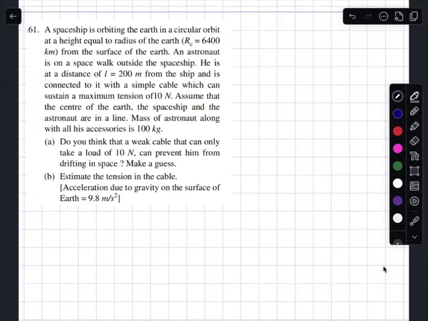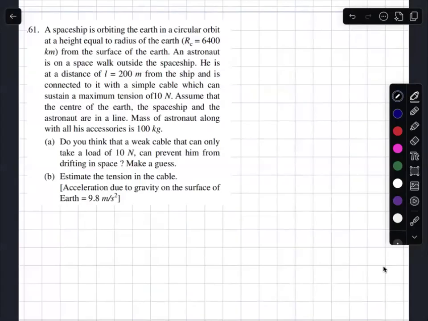A spaceship is orbiting the Earth in a circular orbit at a height equal to the radius, so and so 6,400 kilometers from the surface of the Earth, almost the radius of the Earth. Which means the height is the same as the radius. An astronaut is on a spacewalk outside the space station. He is at a distance of 200 meters, when compared to 6,400, almost negligible.